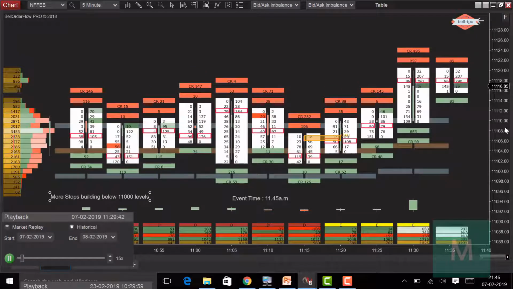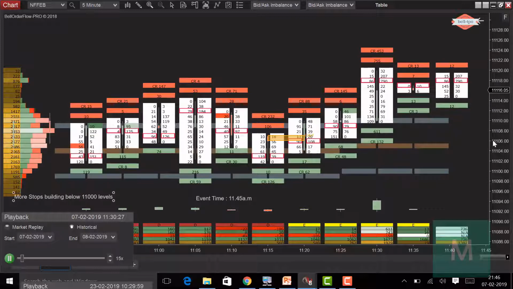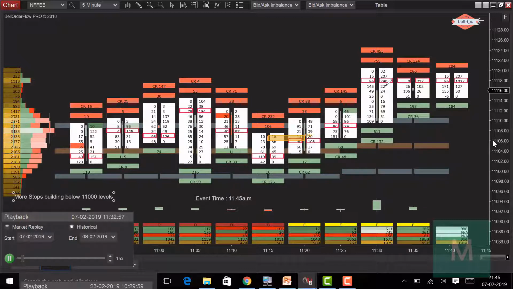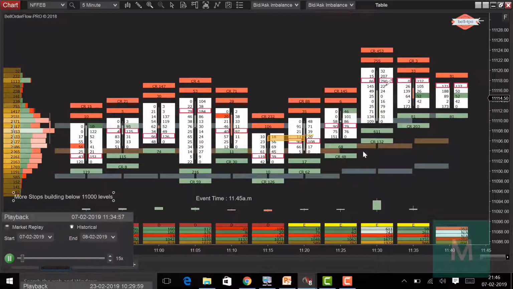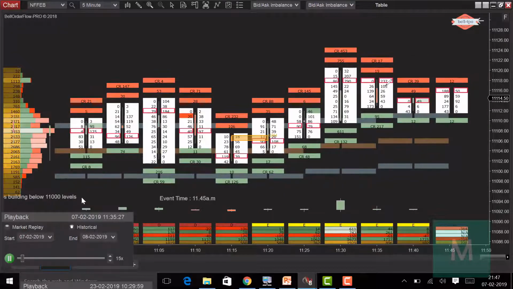Now almost 15 minutes from there. See, high volume was happening there, 790. 790 is kind of a trapped buyer. At 11:35 almost.